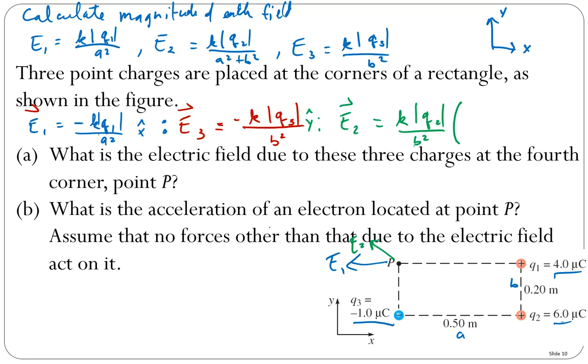And so for the X component, I'm going to take this triangle here, and I need to calculate this side here based on that one. So if I use this, that would be cosine, but all I really need to do is, this is A over square root A squared plus B squared.